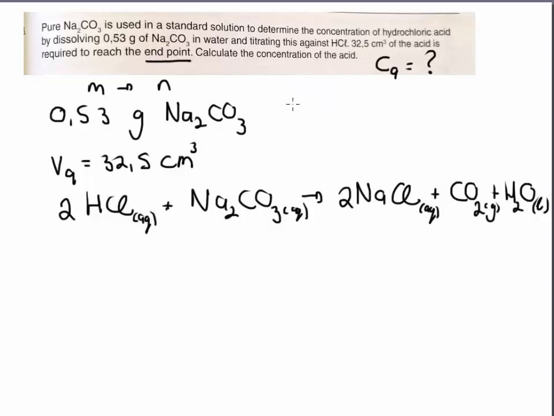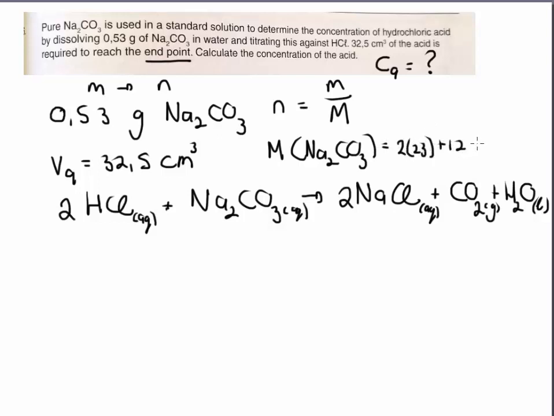To take mass to moles, I'm going to use my formula n equals mass over molar mass, and therefore I need the molar mass of Na2CO3. If I use my periodic table, I can easily calculate the molar mass of Na2CO3. It will be 2 times 23 for sodium, plus 12 for carbon, plus 3 times 16 for oxygen, and this is going to give me 106 grams per mole.